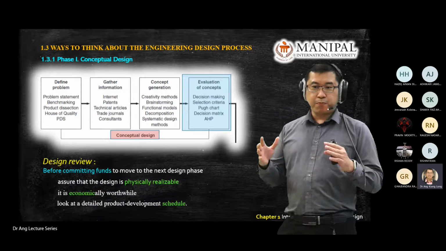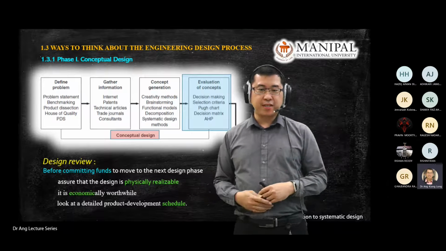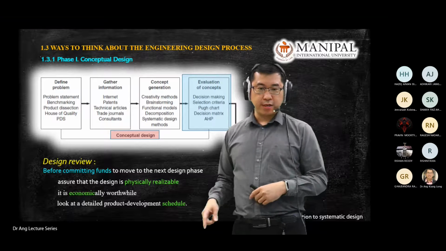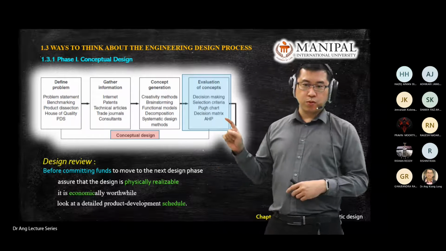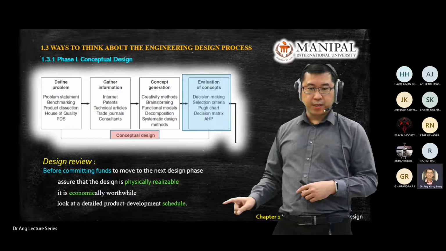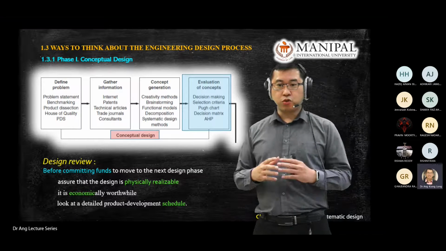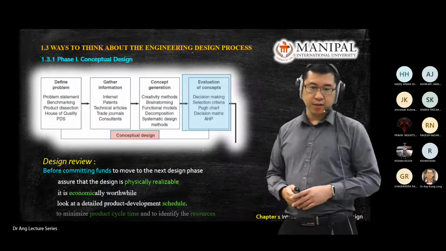So if your process is too complex, then you might not be able to complete your Capstone Design 2. So also consider this when it comes to the review process, your evaluation of a concept. Make sure your design is not too complex. Okay, make sure it's not too complex.